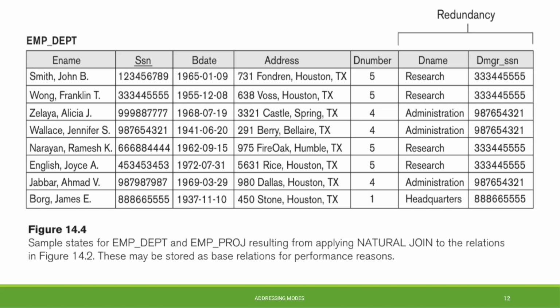So for what points did we consider that? In the emp_dept relation, whenever an employee comes, department information has to be stored for that employee. If the employee is not yet assigned any department, all the values have to be null, so it increases the null values in the relation. That is the first point.